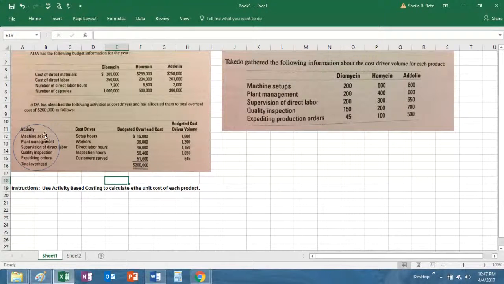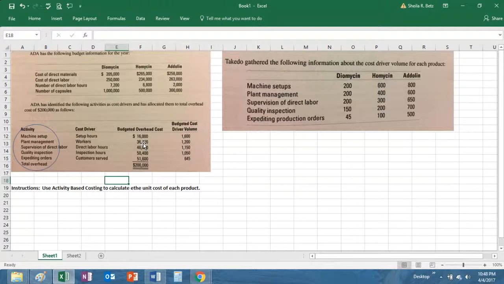For example, in this machine setup cost pool, they could have thrown in overhead costs that had anything to do with machine setups: indirect labor, maintenance cost, electricity, and other indirect costs that would correlate with machine setups, maybe the number of oil changes. Any overhead cost that had to do with machine setups, they threw into one category.